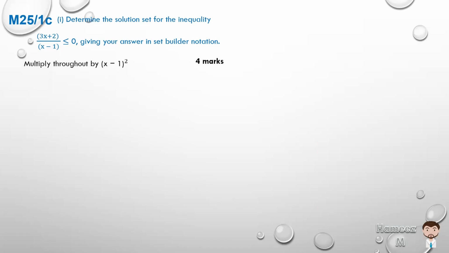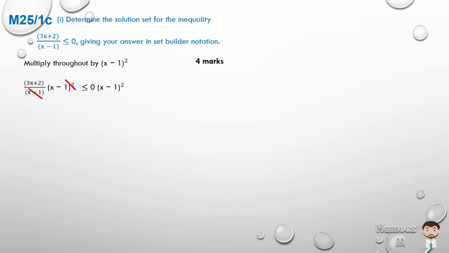So if we multiply throughout by the denominator squared, on the left-hand side and on the right-hand side, the x minus 1 can cancel off with one of the x minus 1s on the left side, because it's squared, so it's x minus 1 times x minus 1.